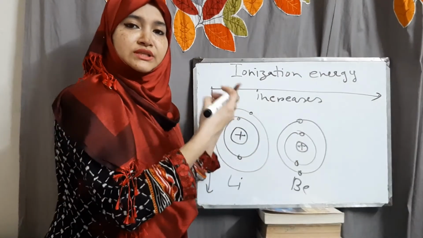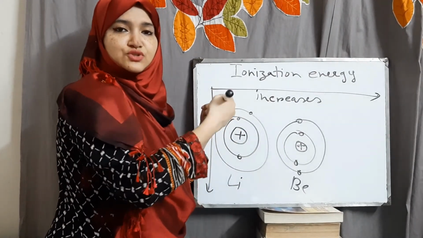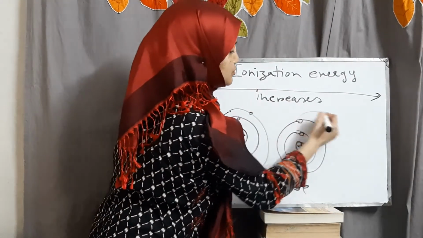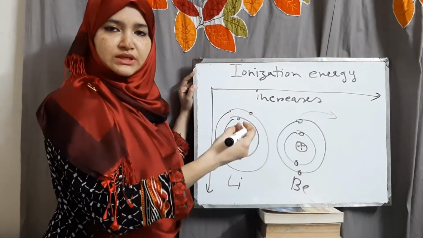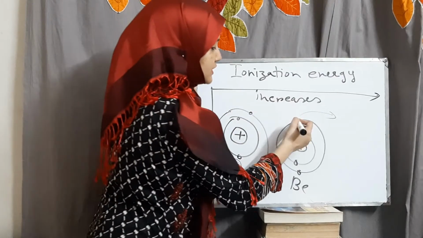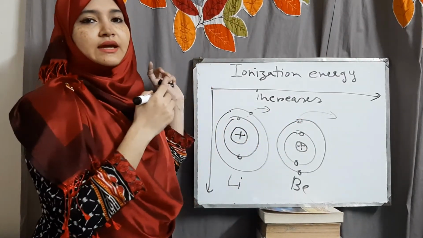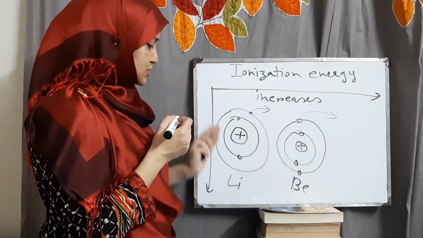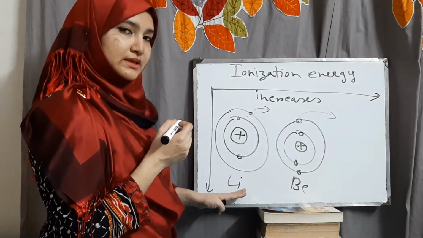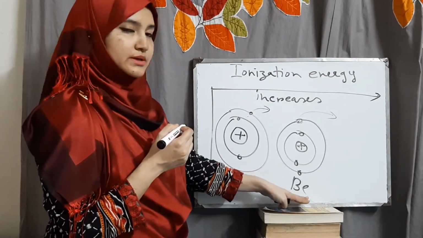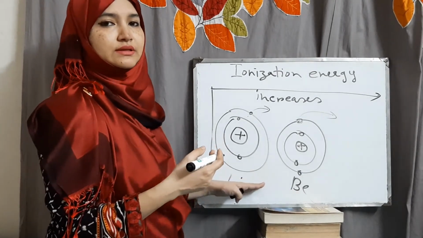That's why we need to apply more energy to remove this electron than this electron. So the ionization energy of lithium will be least and beryllium will be more than lithium.